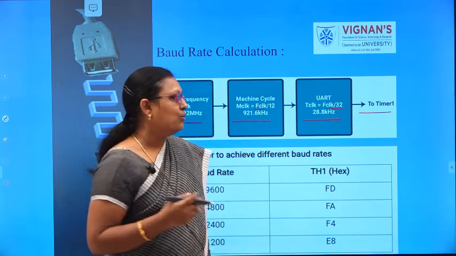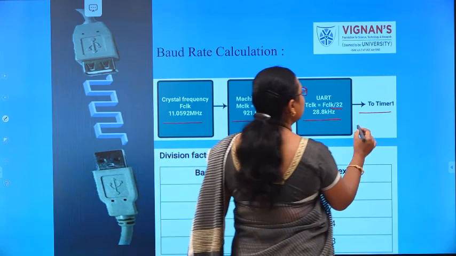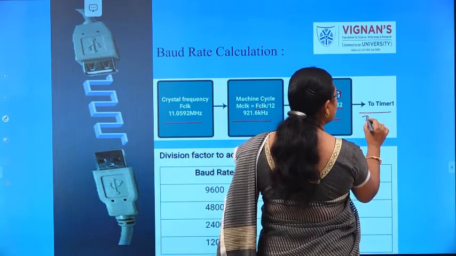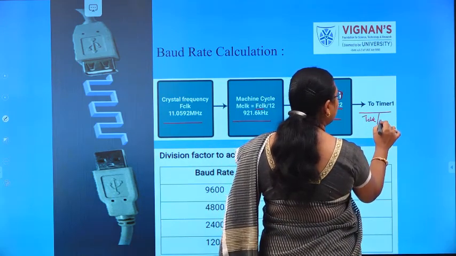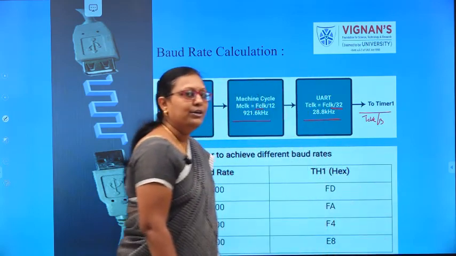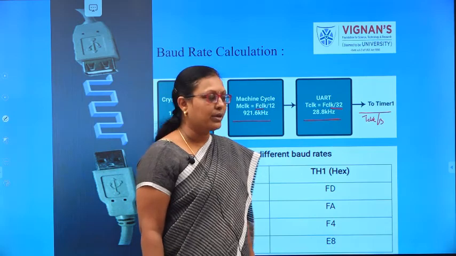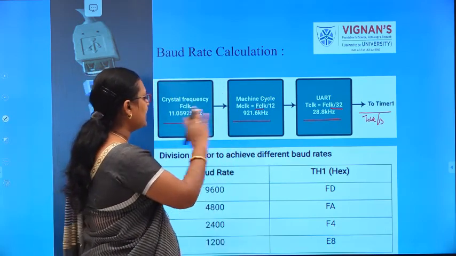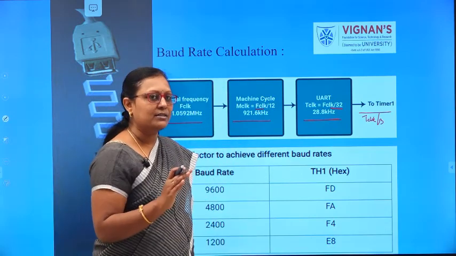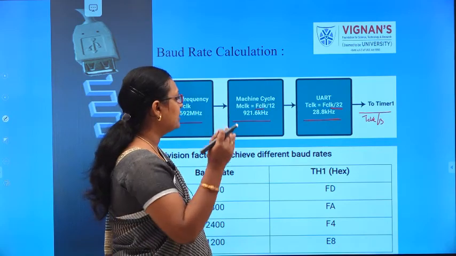So the frequency arriving over here, that is the timer clock, will be divided by 3 in order to be used by the timer.